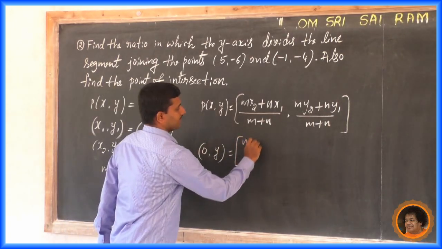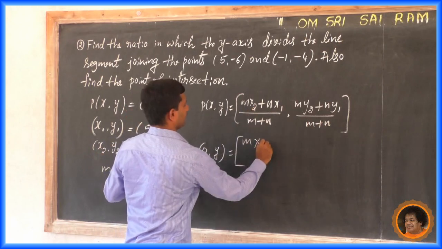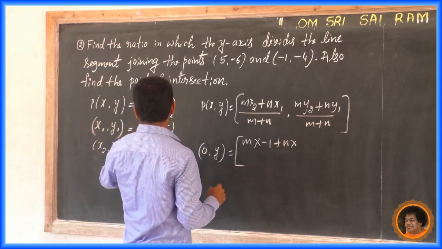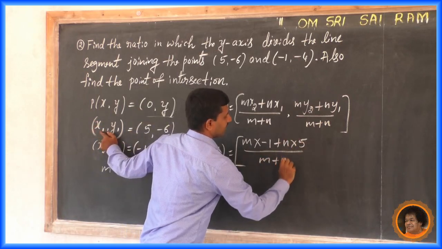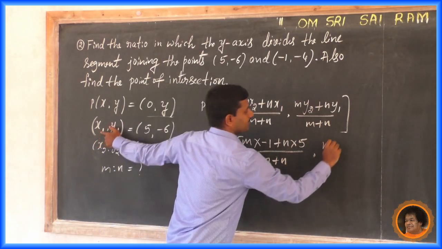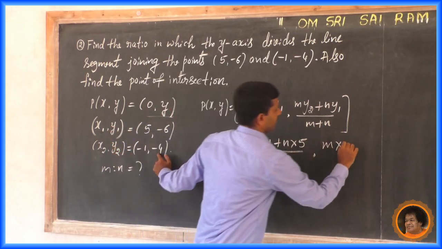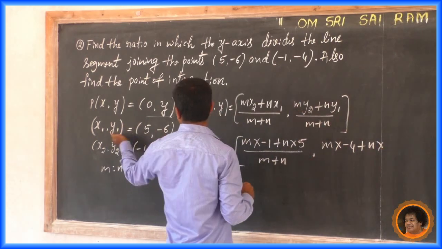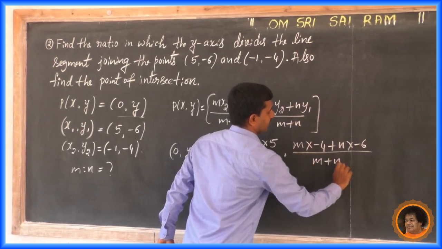So m into x2, so x2 value minus 1, plus n into x1, so x1 value 5, divided by m plus n. my2 plus ny1, so m into y2, so y2 value minus 4, plus n into y1, so y1 value minus 6, divided by m plus n.